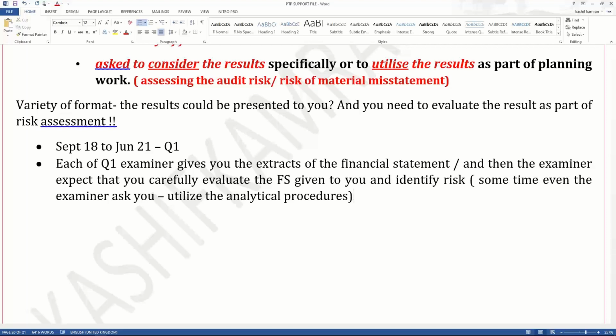But now the examiner is saying, I will give you the results in a variety of formats using data analytics.